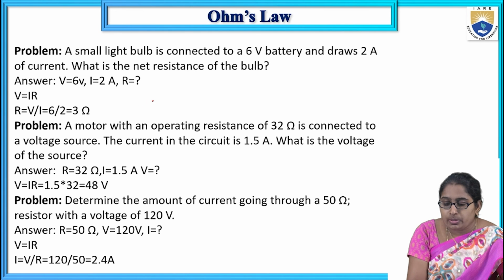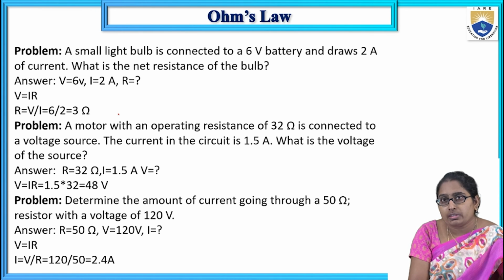Here voltage is given in volts and current is given in amperes, so we can directly calculate resistance and get it in ohms. But sometimes the voltage is given in millivolts, and current may be given in milliamperes or microamperes.